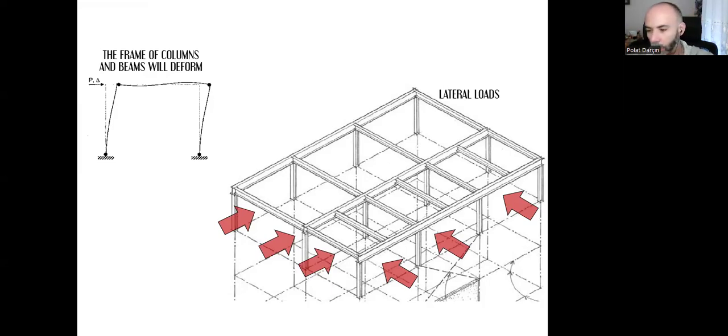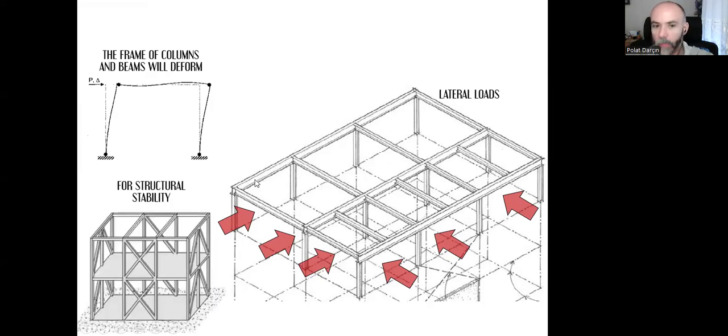Since we have larger columns and beams in reinforced concrete and they are more stable, it's harder to deform the structure like that with lateral loads. But since steel is very fragile compared to reinforced concrete, it can easily deform under lateral loads. So for structural stability, that's what we can do.